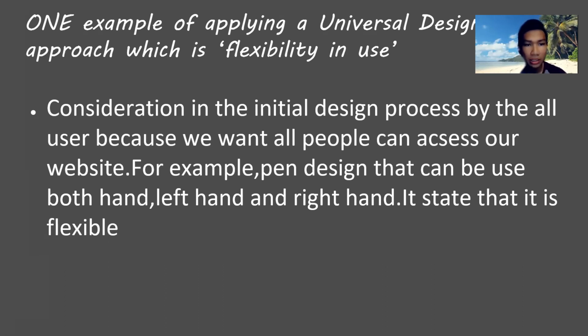First, consideration in the initial design process is for all users because we want all people to be able to access our website. For example, a pen design that can be used by both hands, left hand and right hand. It shows that it is flexible.